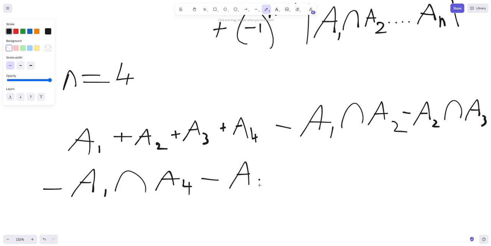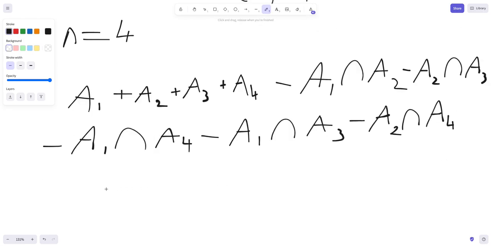Minus A1 intersection A3, minus A2 intersection A4. Do we have 3 and 4? We do not, so minus A3 intersection A4, and I'm just looking to see if I've missed anything. Got A1 2, A2 3, A1 3, A1 4, A2 4. Okay, this looks right.